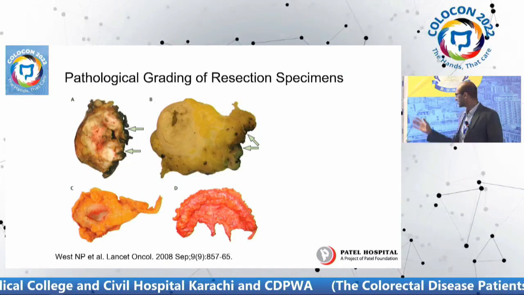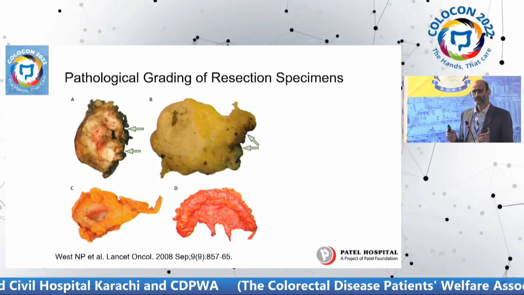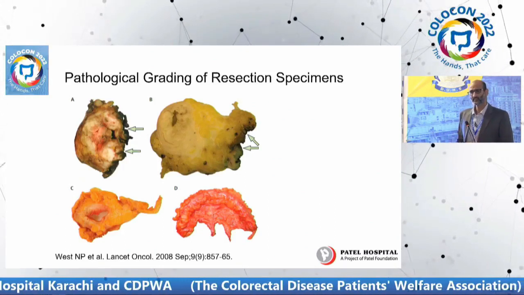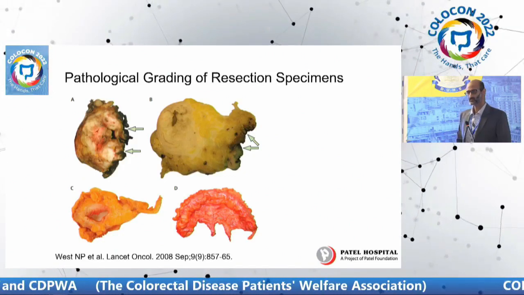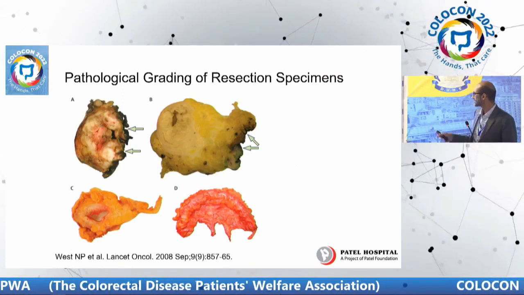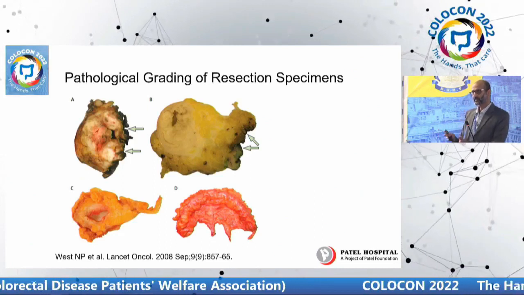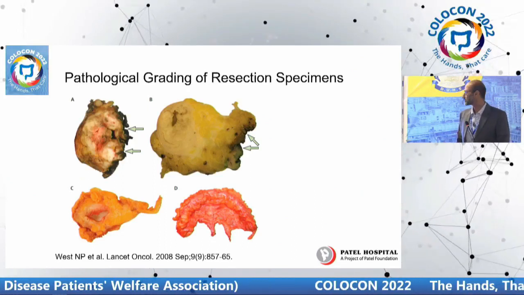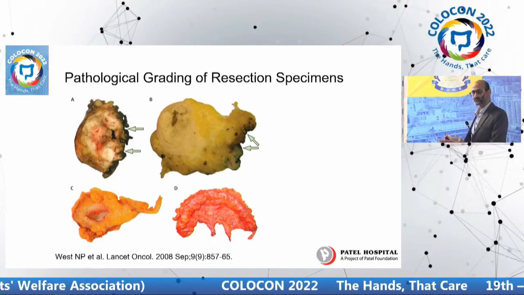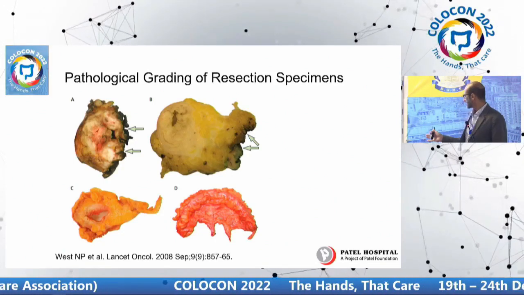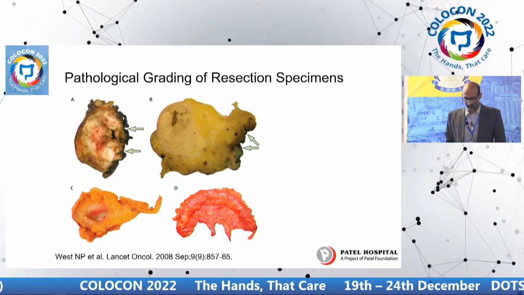But anyway, the top right of the screen is a muscularis propria plane excision, in which the muscularis propria or the bowel wall is actually breached. And then the next specimen is an intramesocolic plane. So the bowel is intact, but there is a breach in the mesocolon that we talked about. And then the second one is a mesocolic plane, but not going up to the vessels of origin. And the bottom right one is a complete mesocolic excision.